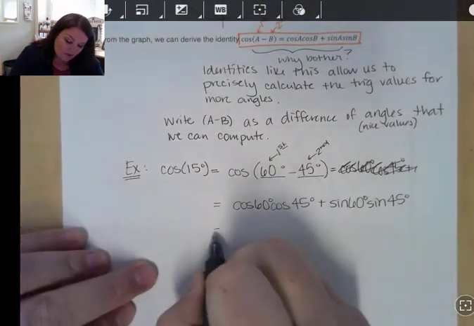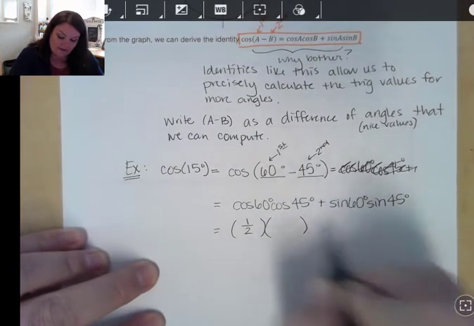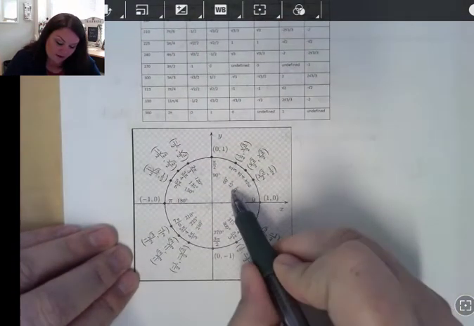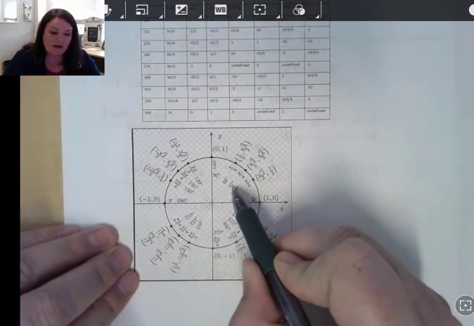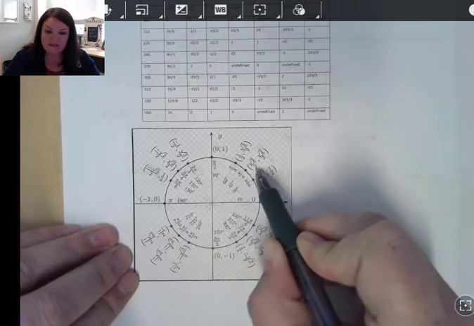I need to know what cosine of 60 degrees is, which we just found to be 1/2. Then I need to find cosine of 45 degrees. So on the unit circle, I'm going to go to 45 degrees, which is right here. And I'm looking for the cosine value, which is the first value in the ordered pair. So that's square root of 2 over 2.